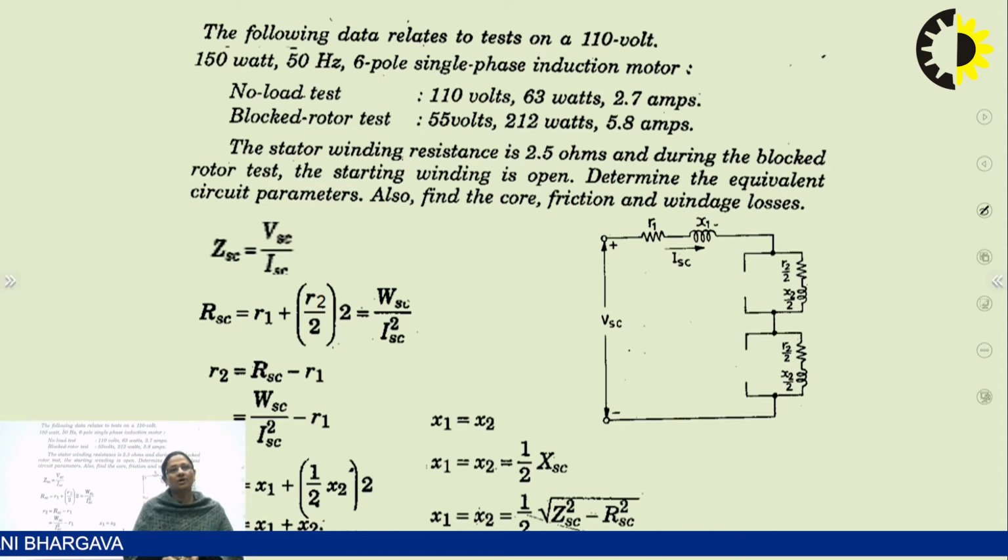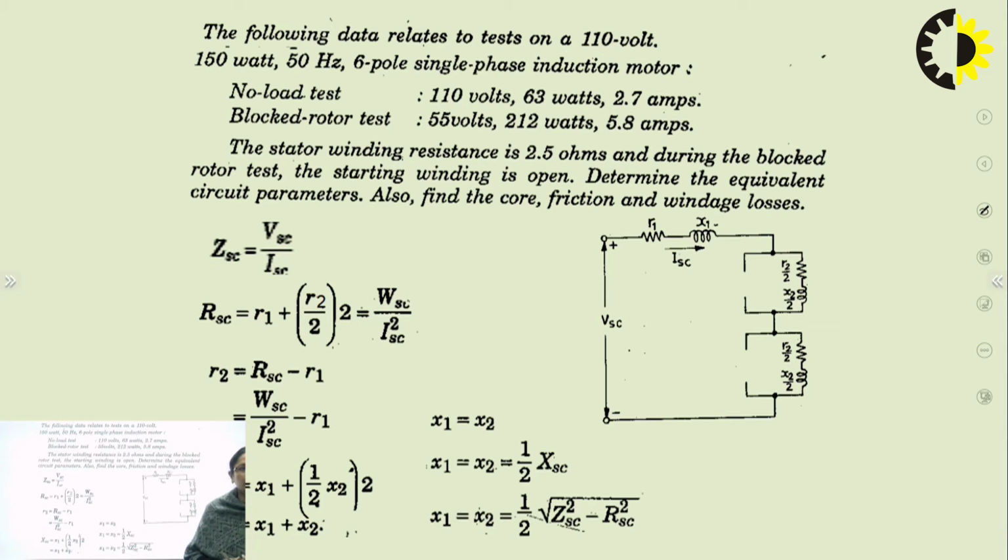Let us consider another question which is based upon the no load and block rotor test of a single phase induction motor. So the test data is like this. The following data relates to tests on a 110 volt, 150 watt, 50 hertz, 6-pole single phase induction motor. The no load test data is given as 110 volts, 63 watt and 2.7 ampere.